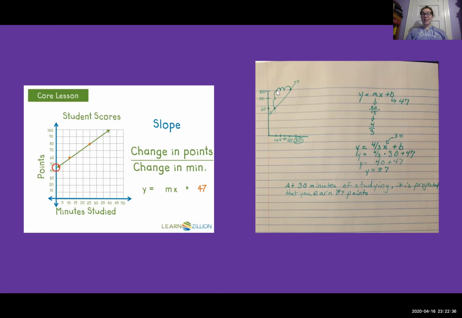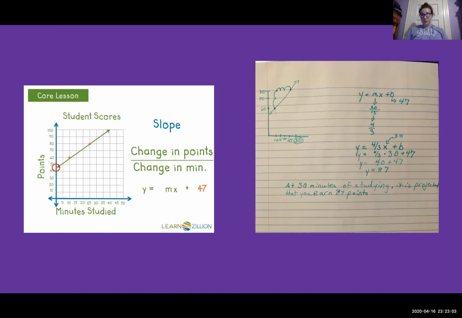I notice that my x-axis goes by increments of 5, so I'm going to count by 5s: 5, 10, 15. Then I wrote a 15 here. So my slope, or my m, where it's constantly rising, is 20 over 15, which can be reduced to 4/3 because it has a common factor of 5.